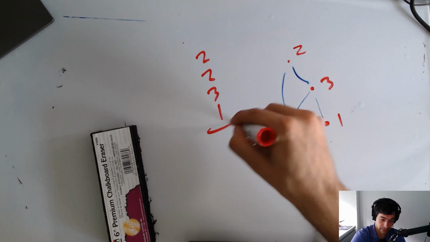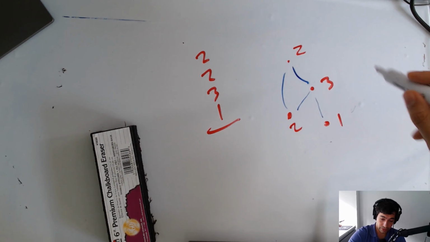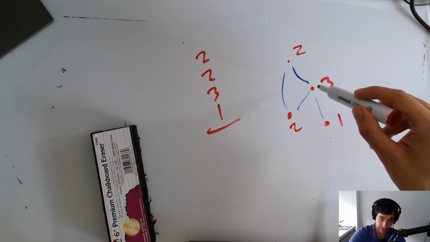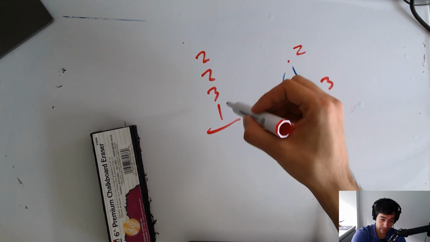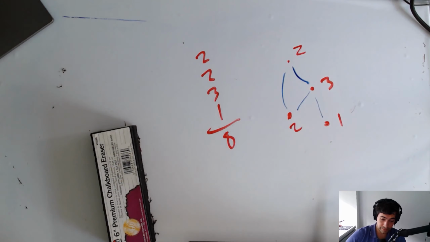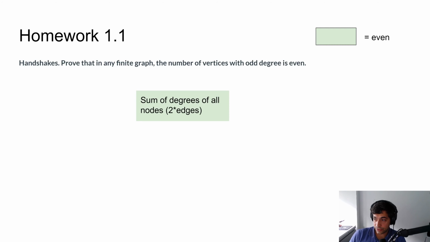And here 2 plus 2 plus 3 plus 1, this is the total degree of all nodes. This is 8, right? So the reason that this is true, the sum of degrees of all nodes is 2 times the number of edges, is because every edge adds 2 degrees across the entire graph.